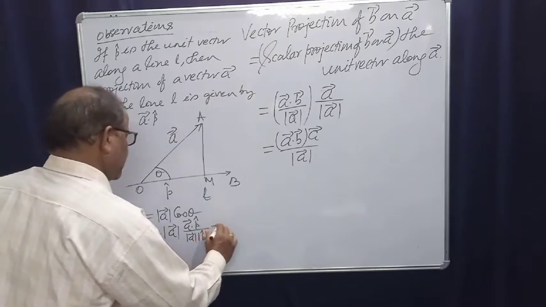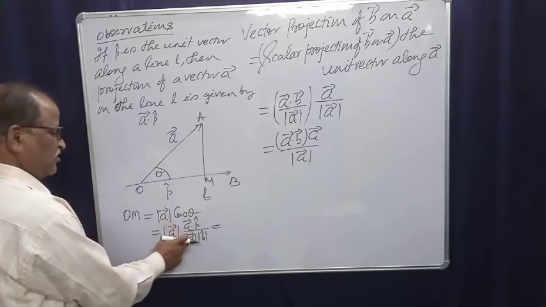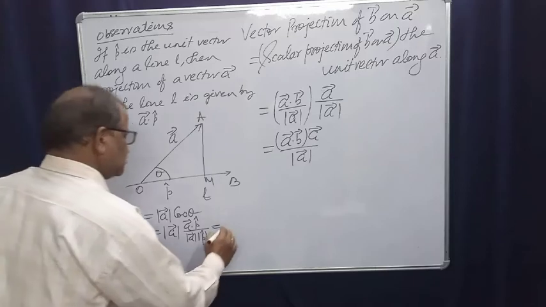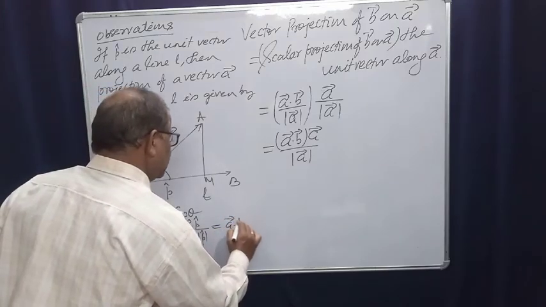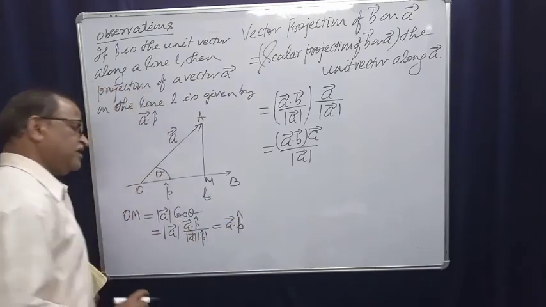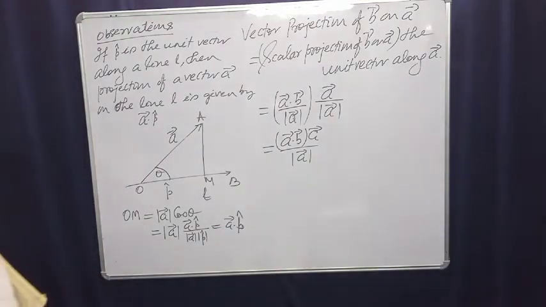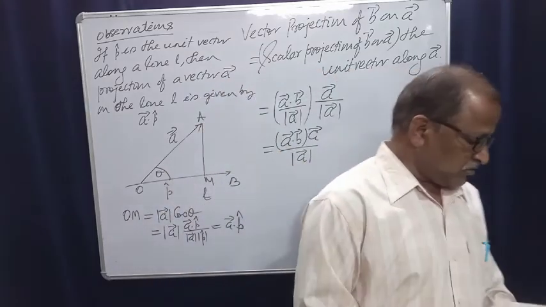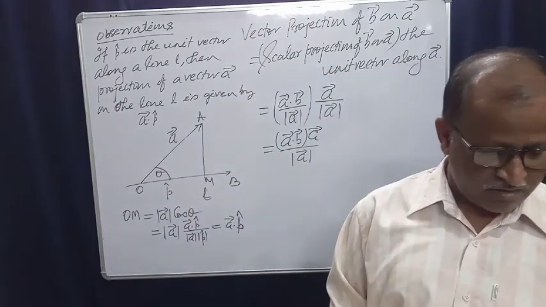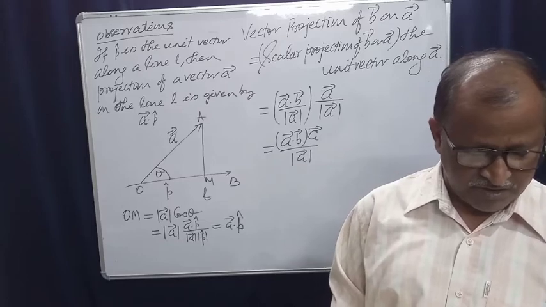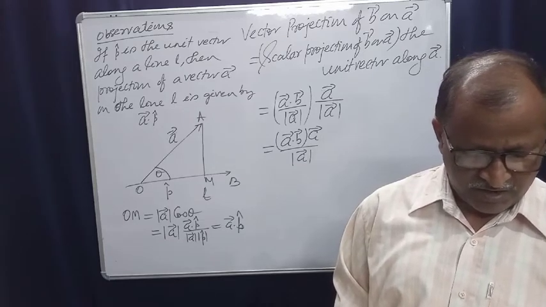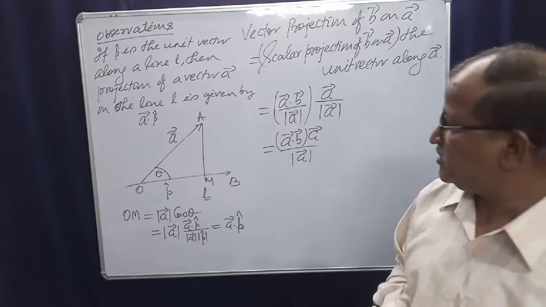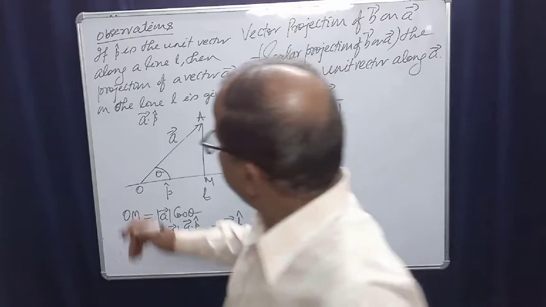So magnitude of A cancels, magnitude of P cap is 1, so it is simply A dot P cap, right? If theta is 0, the projection will be the magnitude of A itself, and if theta is pi, then it is minus. This is number 1.